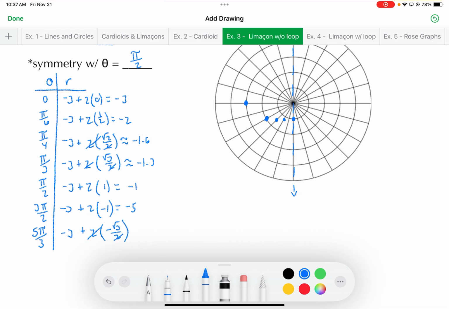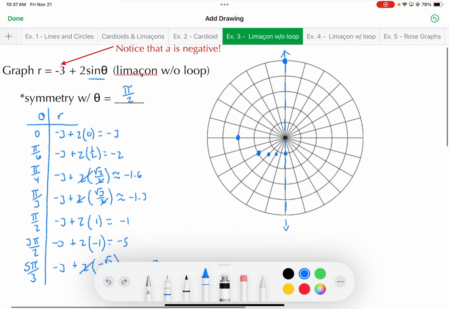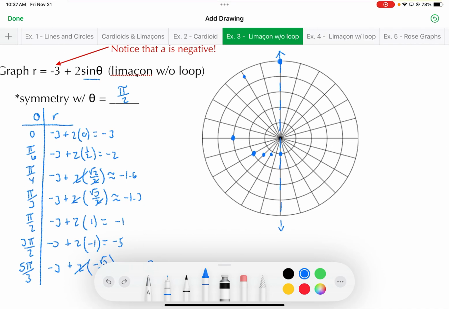So this is negative 3 plus negative radical 3, which approximates to negative 4.7. All right, here is the terminal side to 5 pi over 3. Go back in the other direction, 4.7. That's going to put you right here.